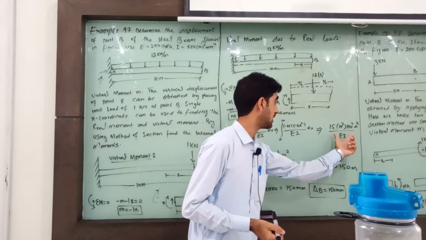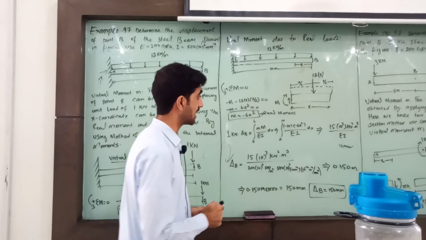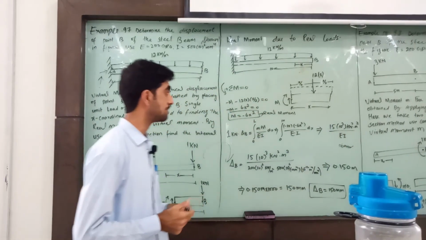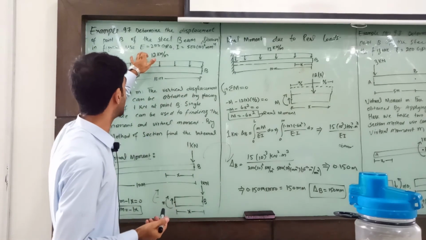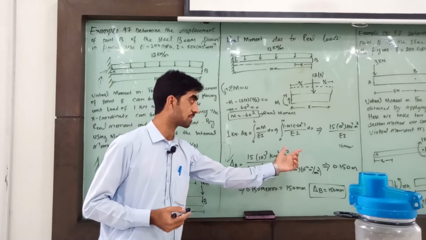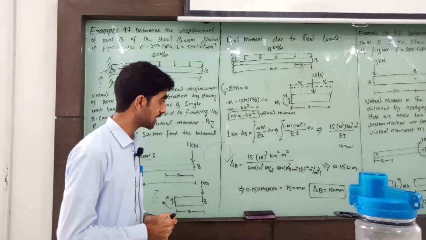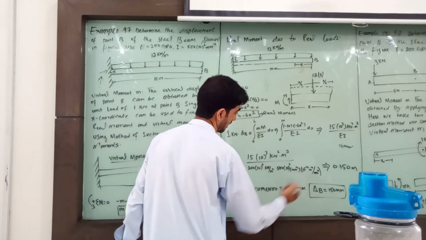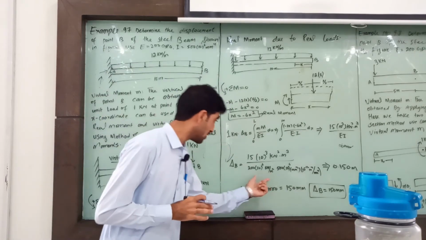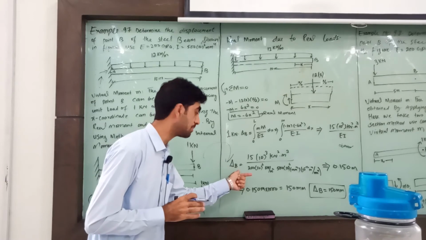We divide by moment of inertia and modulus of elasticity, already given in the question. Okay, this step. So our target is to find the delta B.